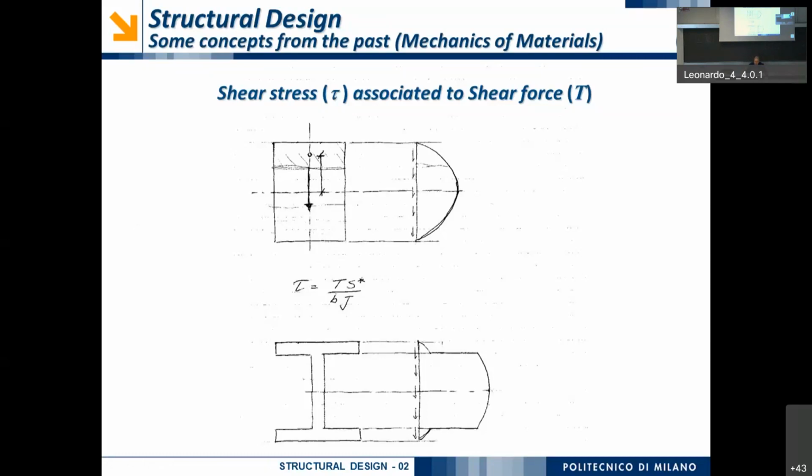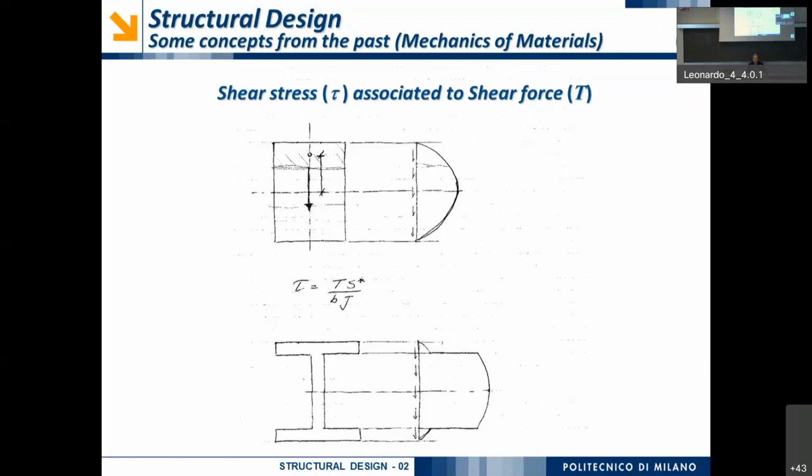But when I'm increasing, for example, the area above the cut, of course, the static moment is increasing. T in this formula remains constant. B in this formula remains constant. The inertia moment of the cross-section does not change as well.